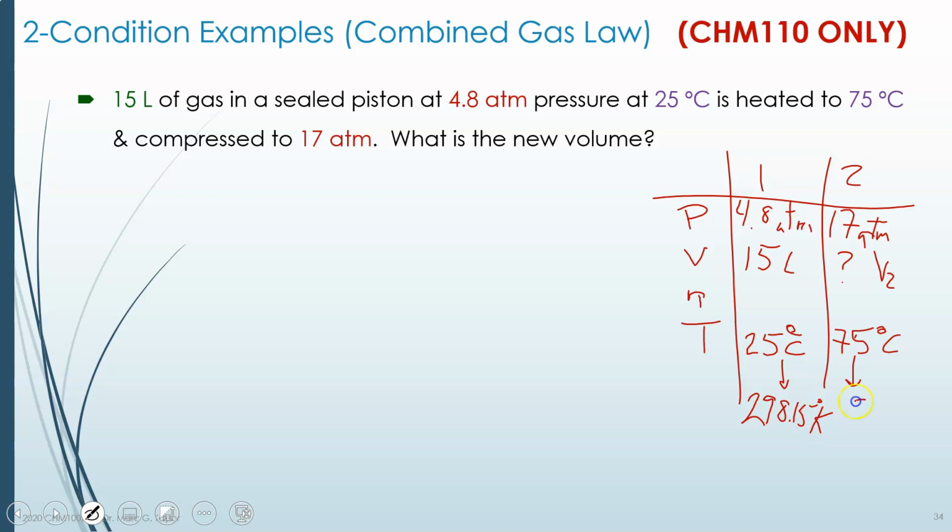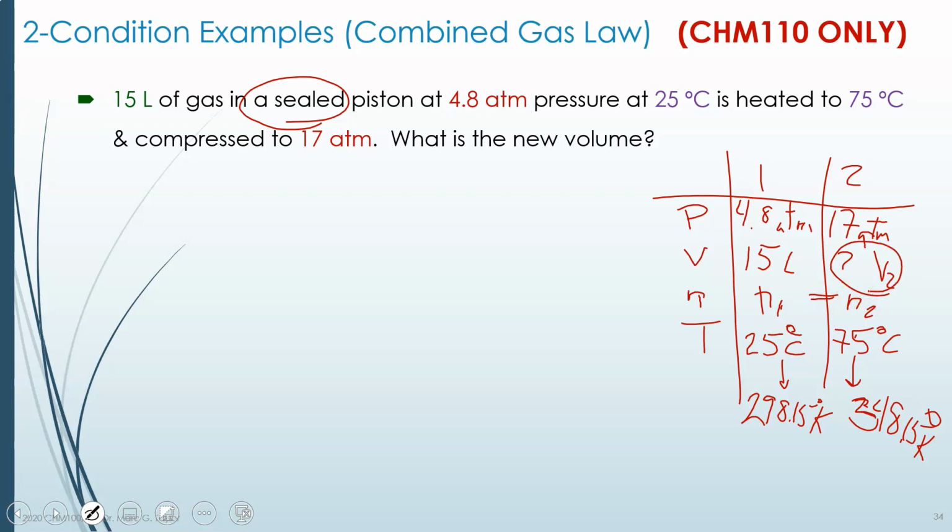And this one will be 348.15, a little hard to read, degrees Kelvin. So we have our two temperatures, and we see that it is sealed. So that tells us that N1 equals N2. So the only thing we're missing is V2 here.